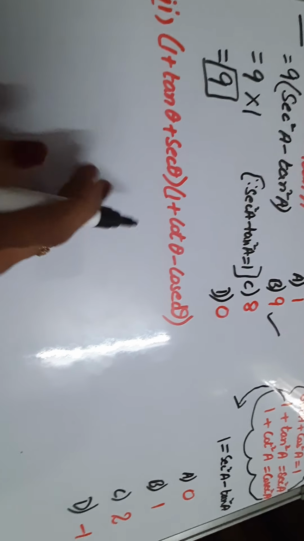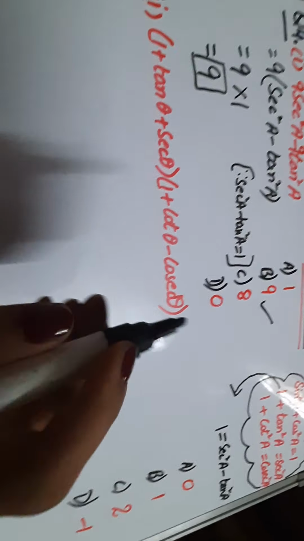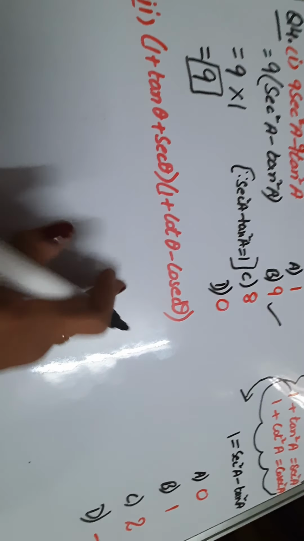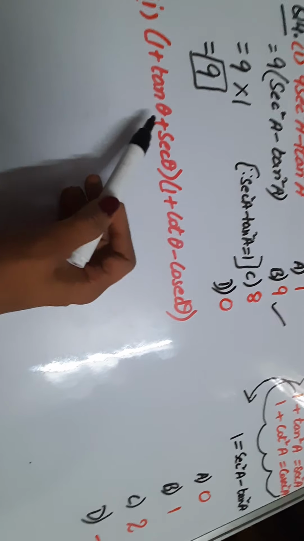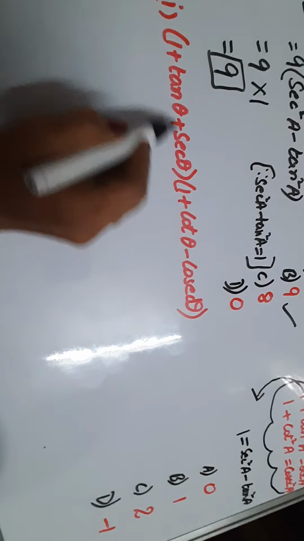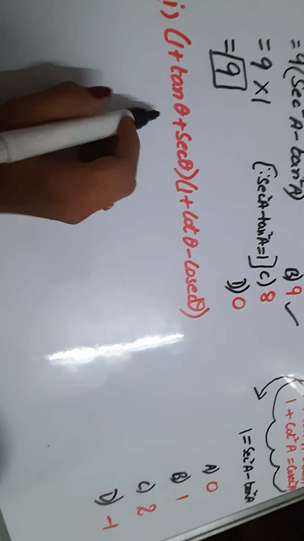While doing the 8.4 exercise, dear students, always remember a tip to make the question easier. Always convert the given trigonometric ratios into sine and cos form, so they all have the relation with sine and cos.